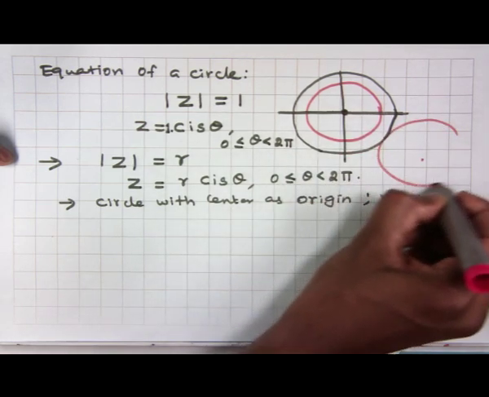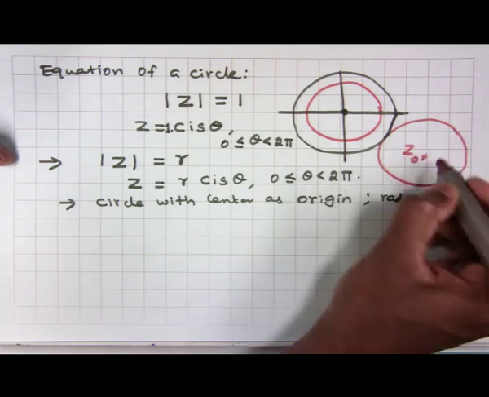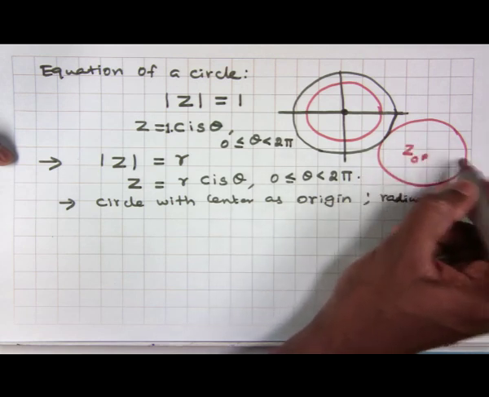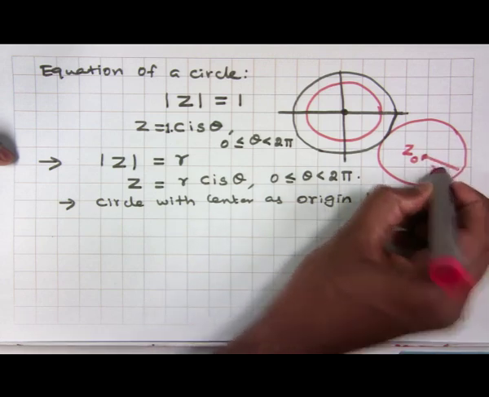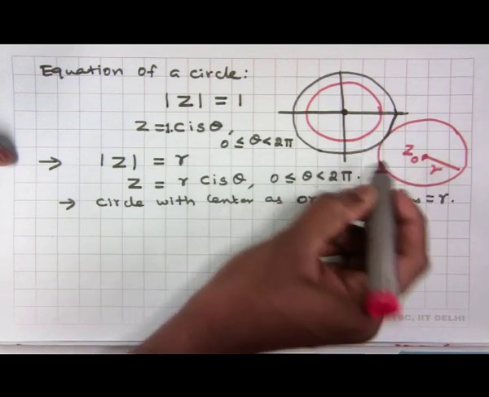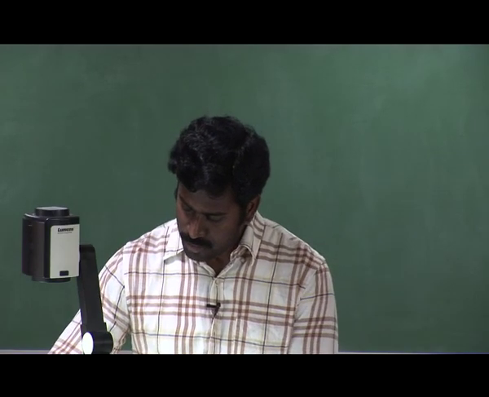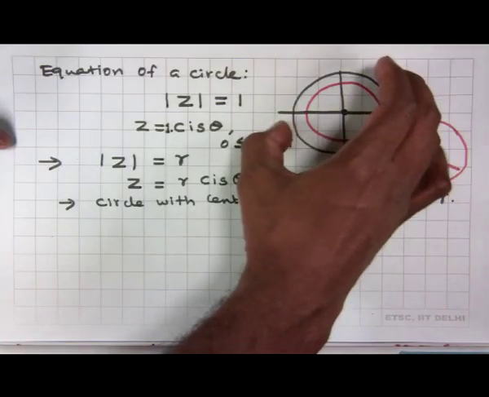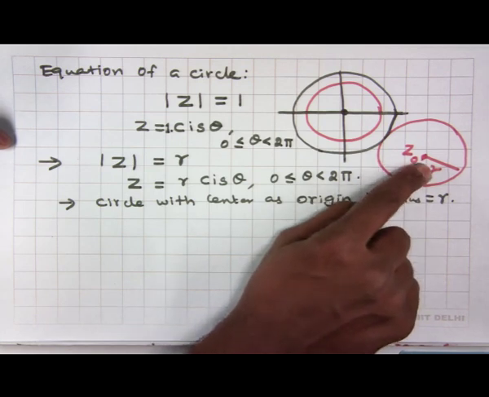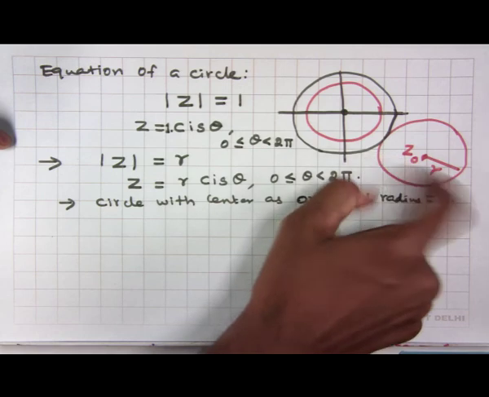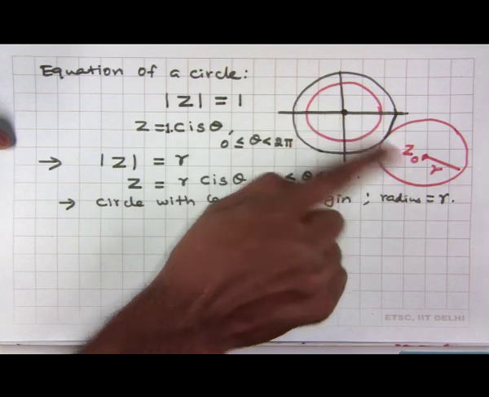My interest is to describe what the circle equation will be if I consider any point in the plane, let us say z0 as a center and let us call the radius r. What is the equation for this? We have seen a similar problem, where we shift this particular one to the origin. If I shift by z0, then the entire set of points moves such that the center is origin with radius r.